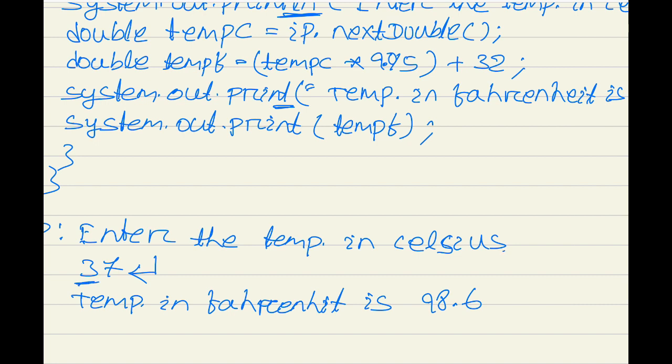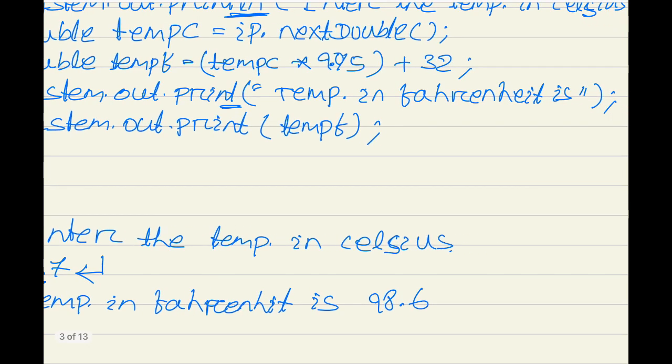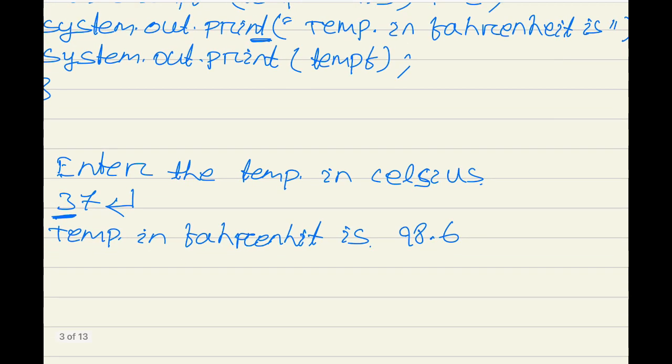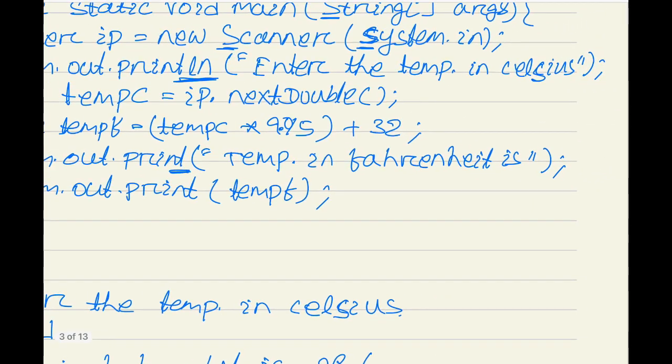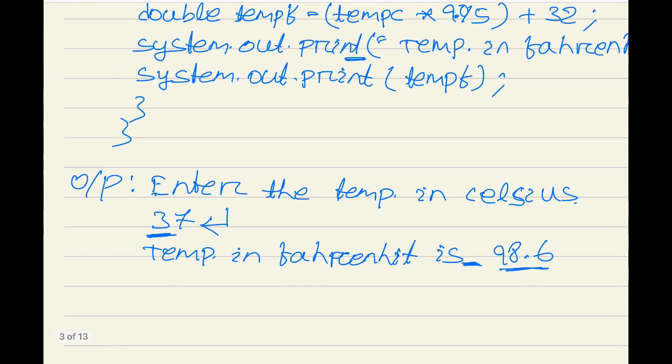But here you can see temperature in Fahrenheit is, we are using print. So the control stays here after printing temperature in Fahrenheit is, and it is printing 98.6 in the same line. But as here we are using println, after printing enter the temperature in Celsius, control comes to the next line.